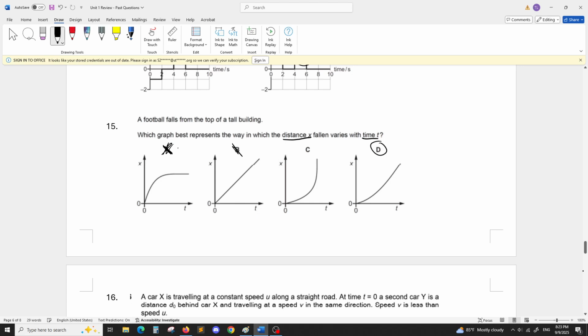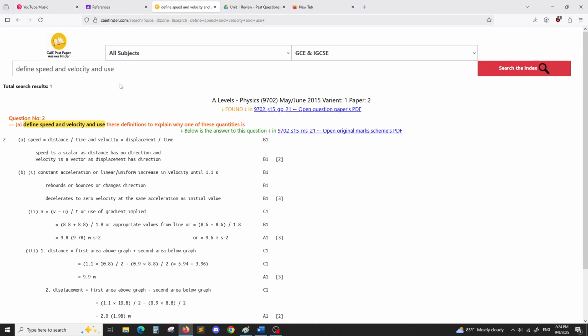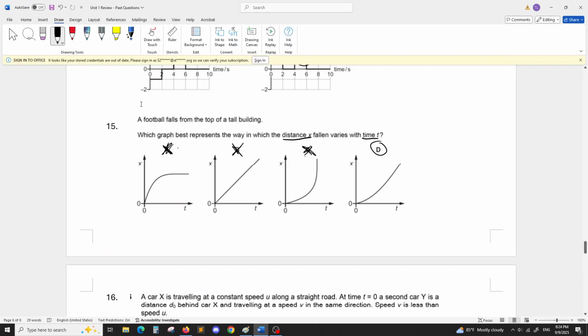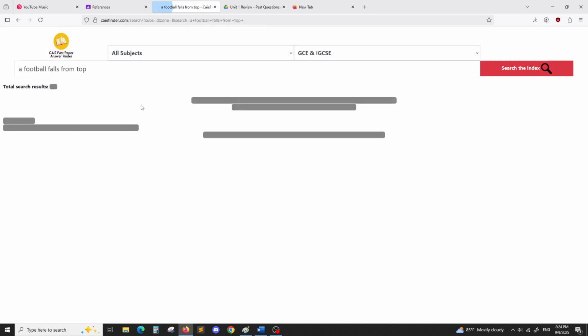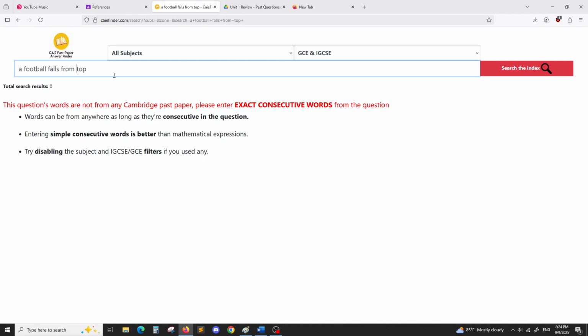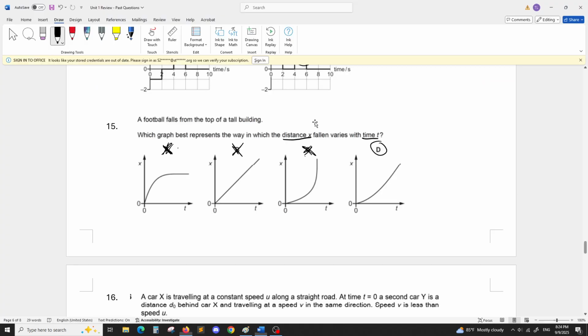So it is not B. And then C, assuming there is air resistance, you eventually will reach terminal velocity, which is what D says. I believe that is the answer. It is D. Okay.